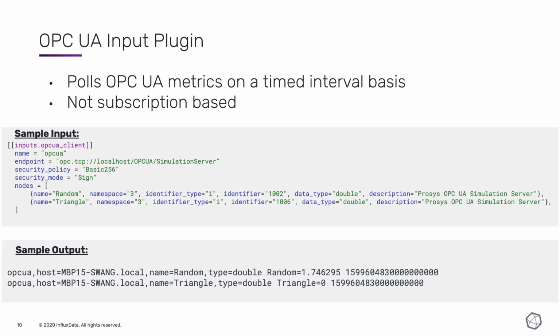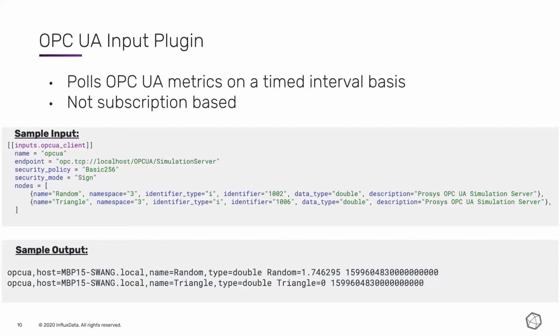But I just wanted to show you the sample input, what it would look like to configure. Relatively simple, like the rest of our Telegraf input plugins, to configure based off of what OPC UA devices you're using. This is an example I've used from a simulator, and I'll show you exactly what it will look like on the next slide.